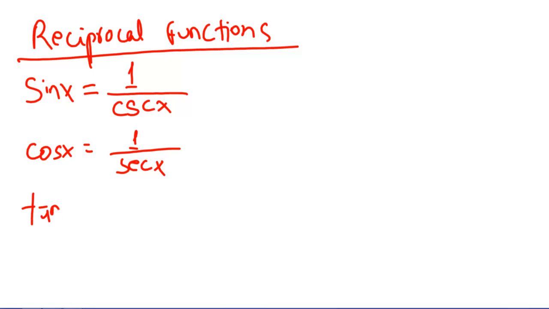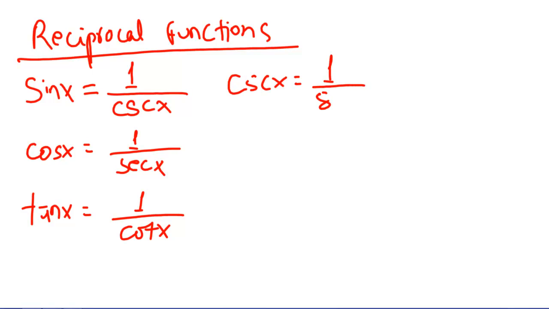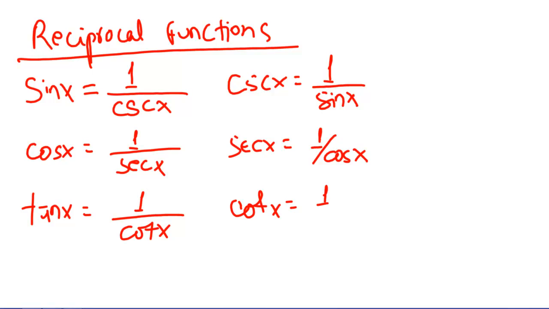Tangent is the reciprocal of the cotangent x. Cosecant, like we just said, is the reciprocal of sine. Secant is the reciprocal of the cosine, and the cotangent is the reciprocal of the tangent of x. And these are our reciprocal functions.